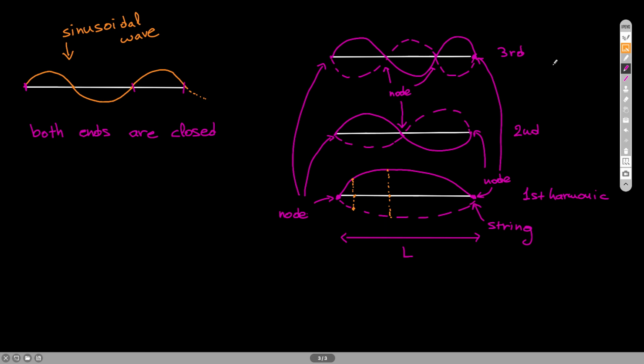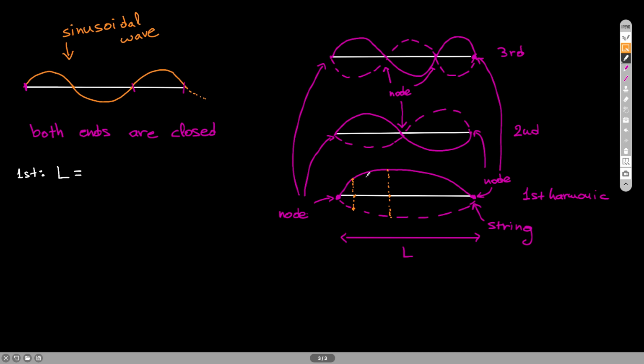Now, there is something important that we need to know about the first few harmonics. So as I said, L is the length of the string. I need to know how to find the wavelength of my standing wave. So for the first harmonic, what do I see? I see the length of the string, L, and I need to think, what portion of the wavelength of the standing wave do I see here?